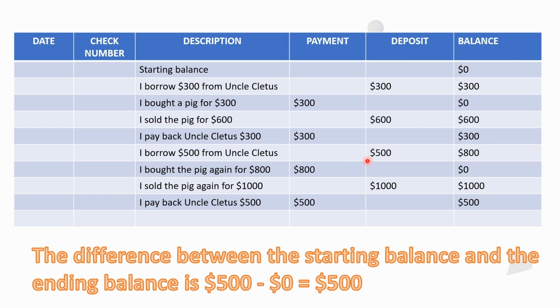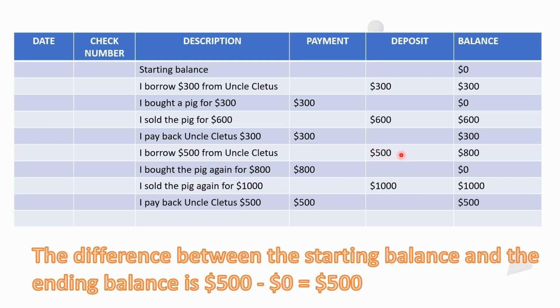But I miss that pig a lot and I want to buy it back. It's kind of quiet around the farm and I really want that pig. So I've got to go borrow $500 from Uncle Cletus because the guy that I sold the pig to now wants 800. He wants to make money off of me now, right? So I borrow 500 from Uncle Cletus.